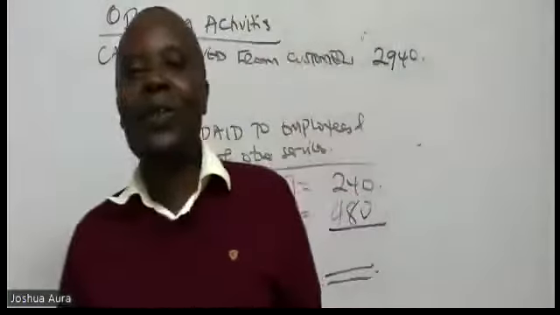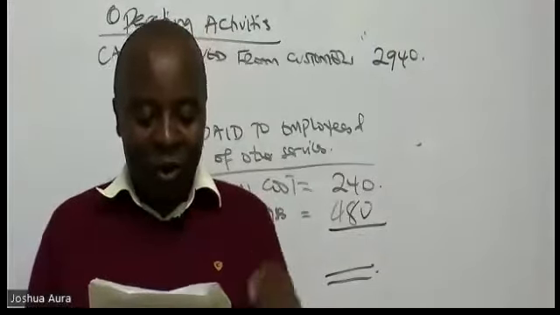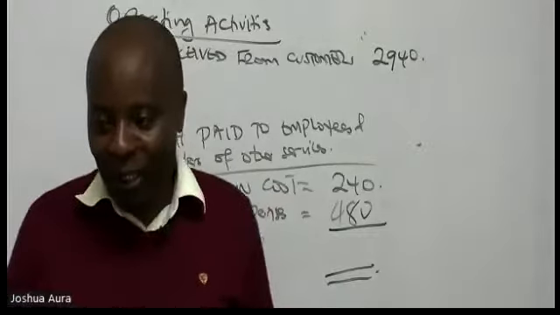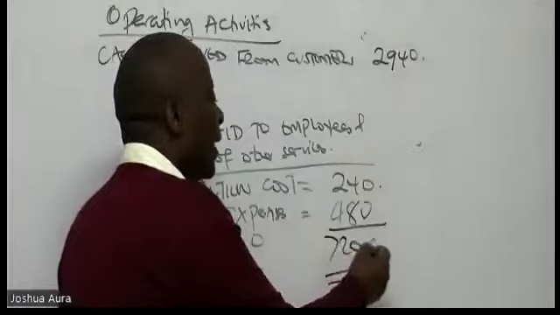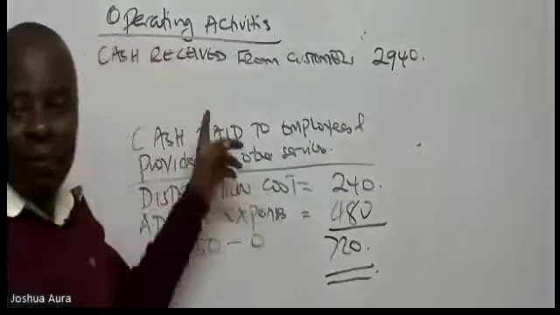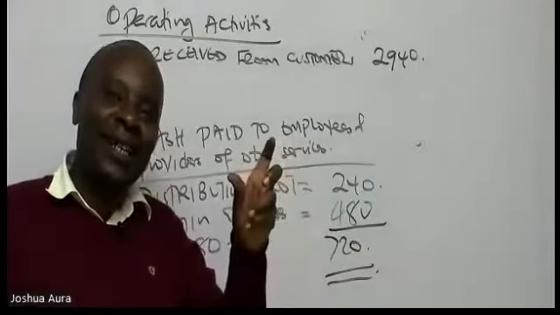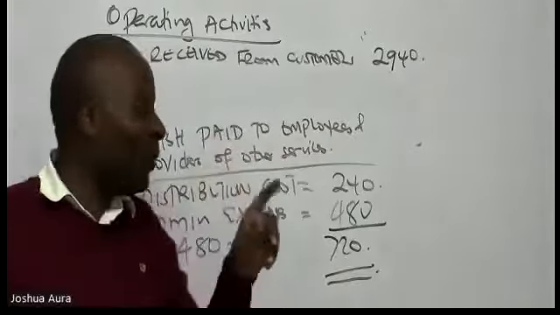Remember, in some questions, they will give you what we call other payables. How I wish I had other payables. So like Eric is telling me, this is 720. Other payables are not in the trade payables. Other payables normally come here.